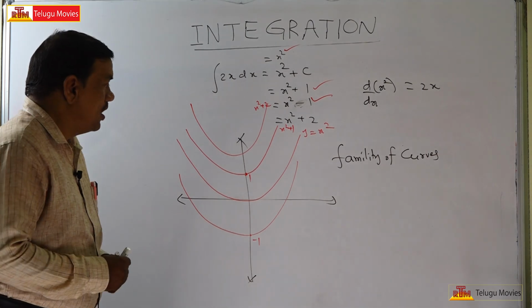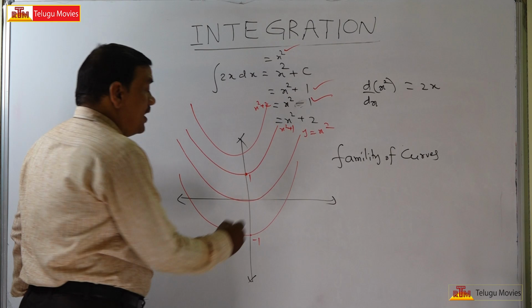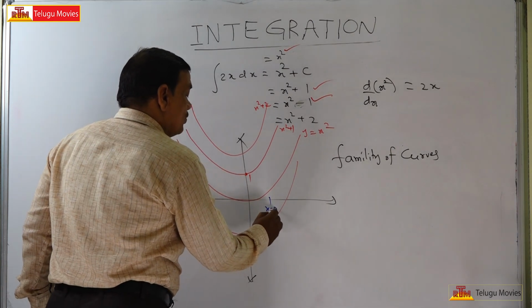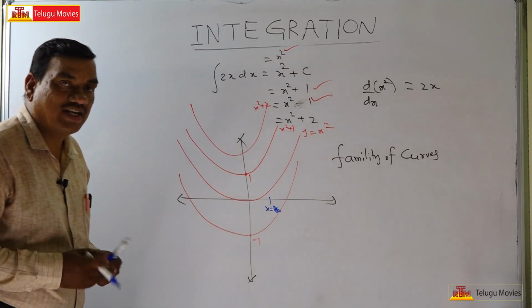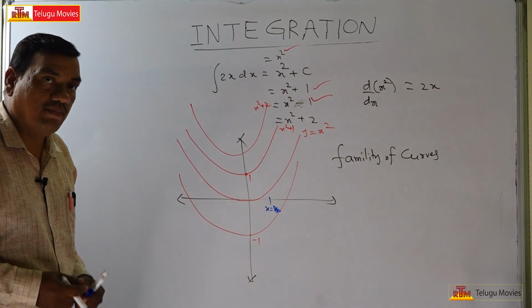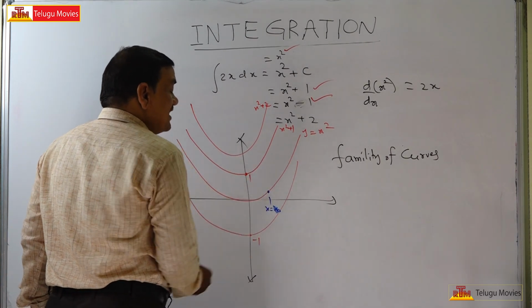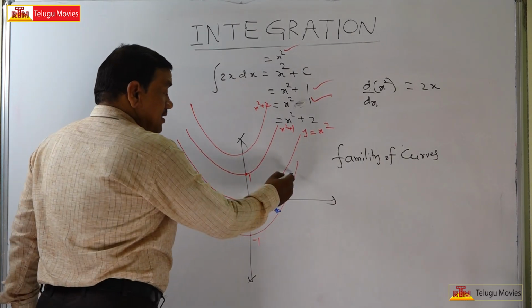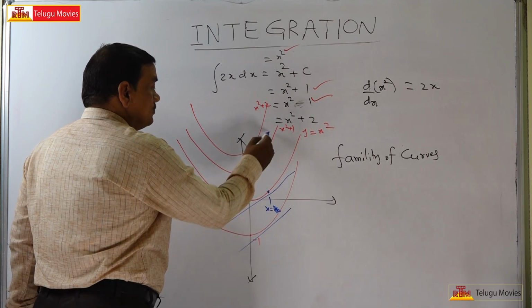Definitely there exists a number x is equal to some x naught, x is equal to a, or x is equal to b, whatever number. At that number there definitely exists a tangent, and these tangents are parallel to each other.